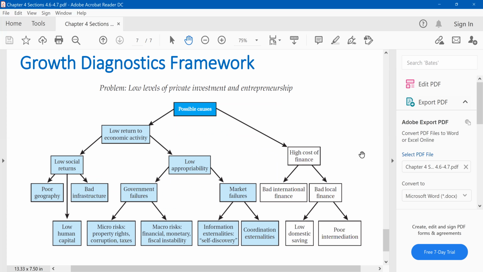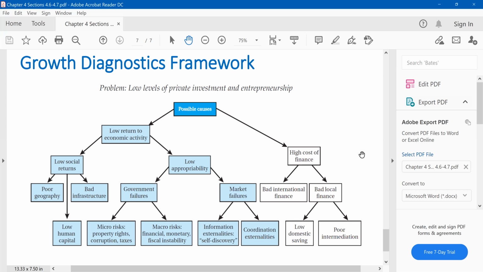Because if returns were high or high enough, then private people would invest. They would exploit these entrepreneurship opportunities because there is profit there, right? So they would have done that. So then there's this possible cause, low returns, right?